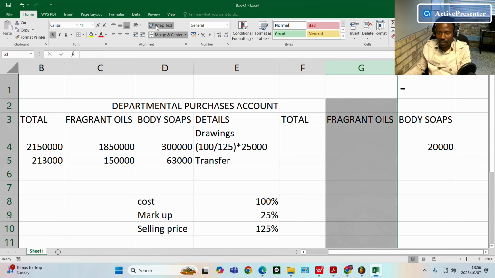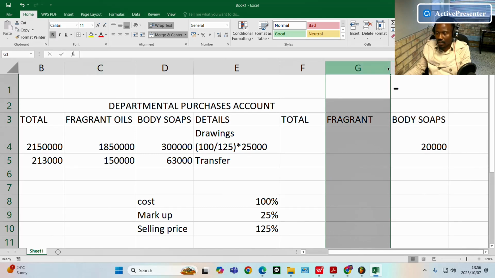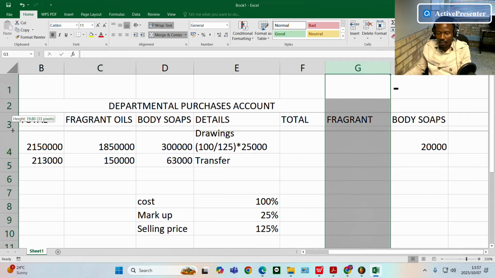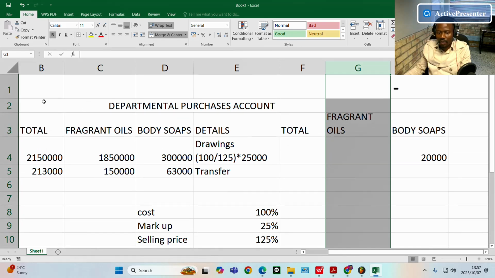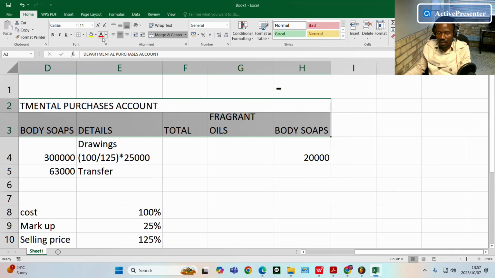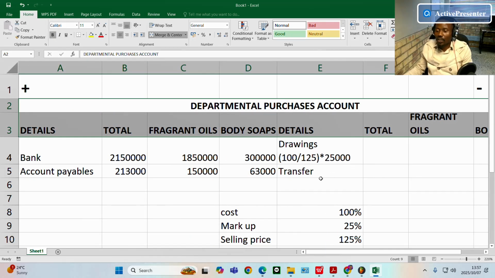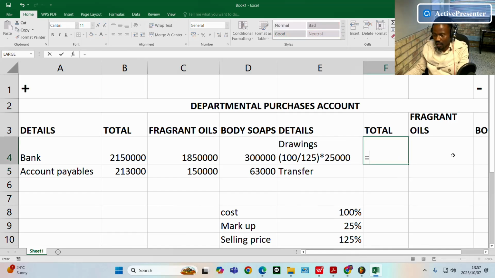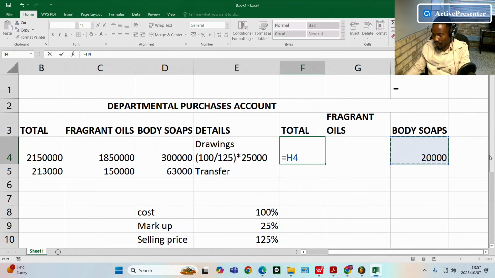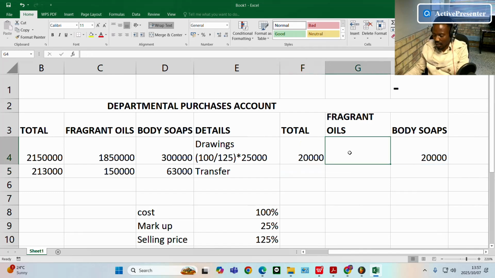Let me just wrap this text. So these are the headings of the T account. It was transferred from fragrance oils, so we're going to use the credit side. Even the total here is the same as this one, because here it's 0.